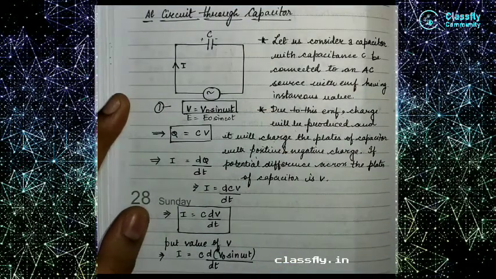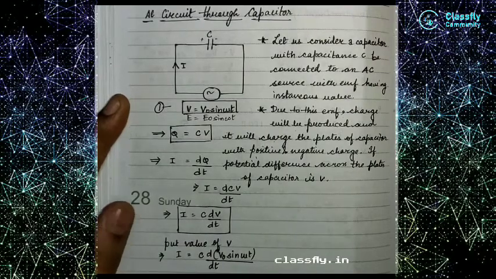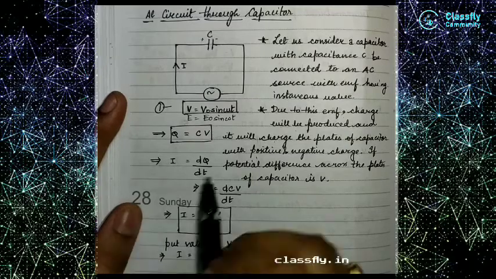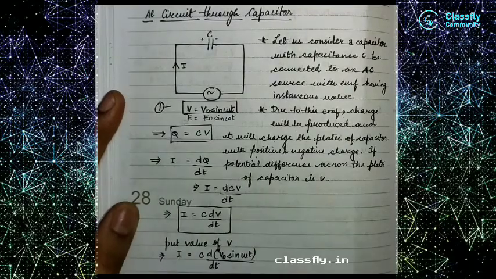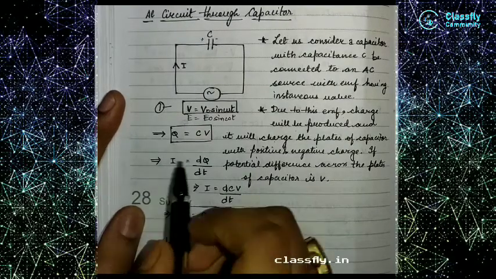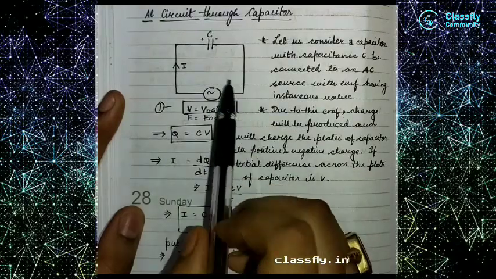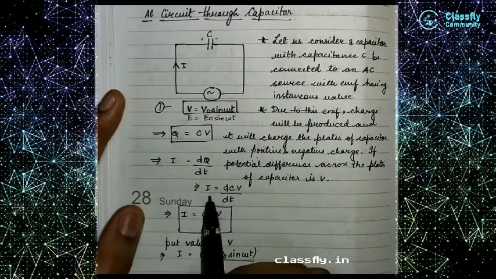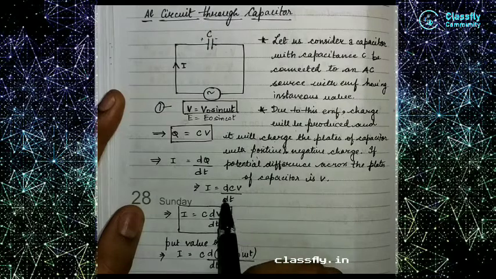We know that current is the change in charge by the change in time, so I is equal to dq by dt, and you have to remember that Q has a relation with the capacitance as Q equal to CV. So instead of Q, we can write I equal to d(CV) by dt.